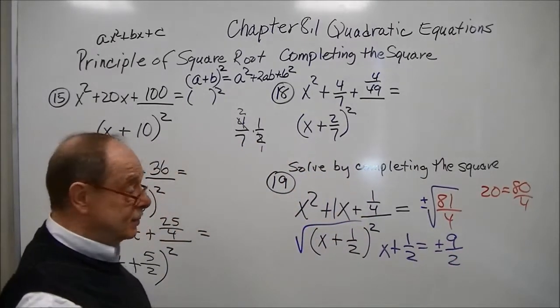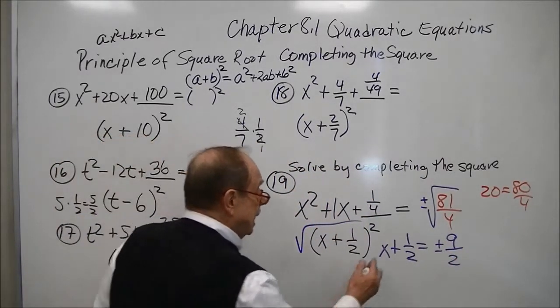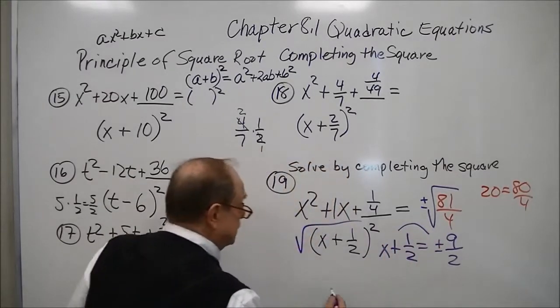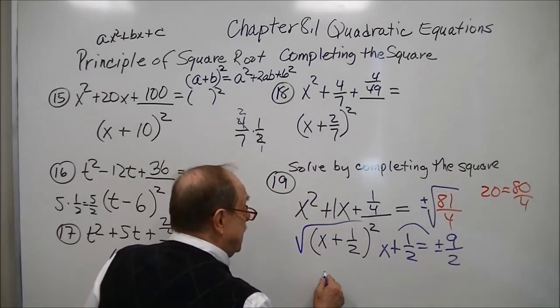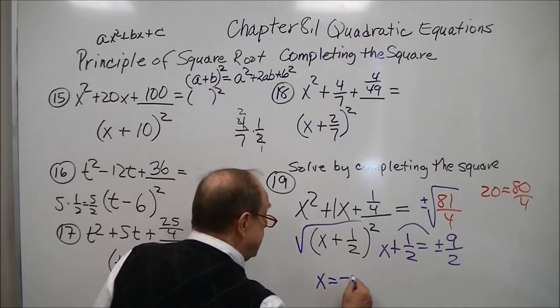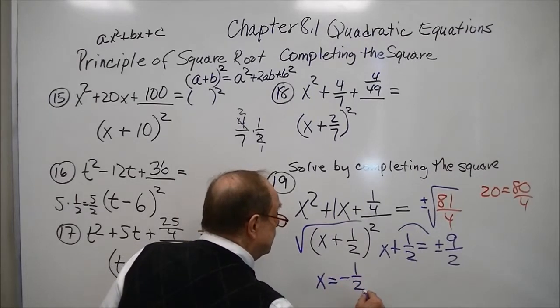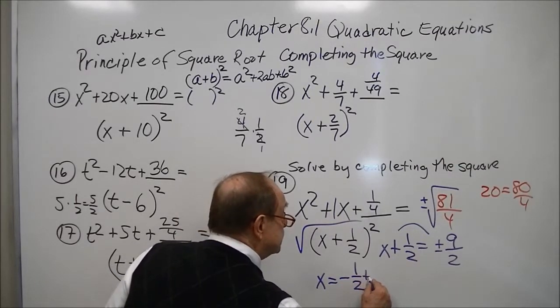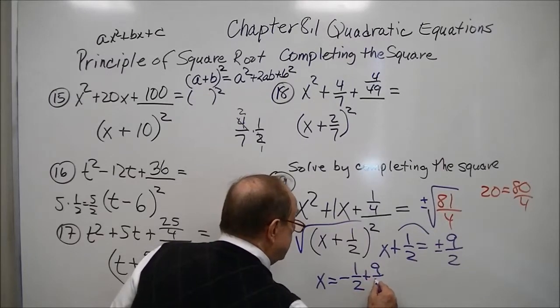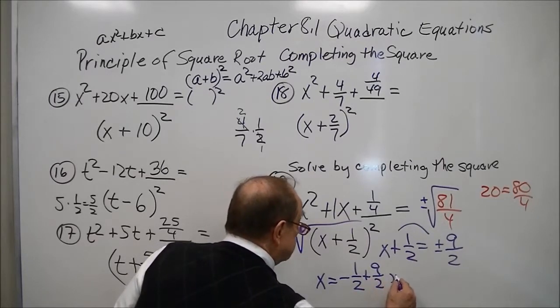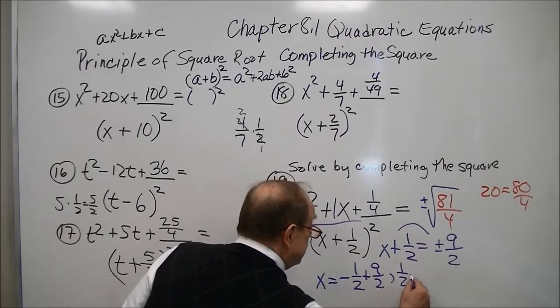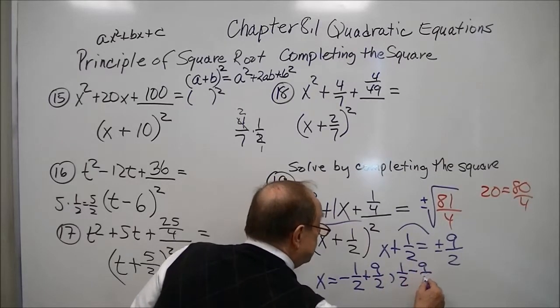And maybe you can see what's coming here. I'm going to transpose the 1/2 over, so I get now x equals negative 1/2 plus 9/2, comma, and 1/2 minus 9/2.